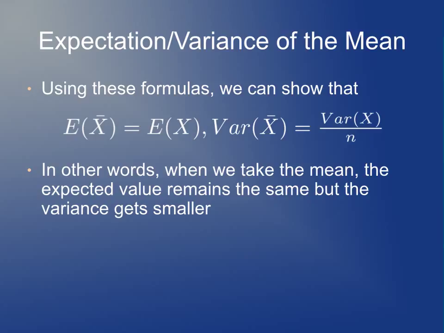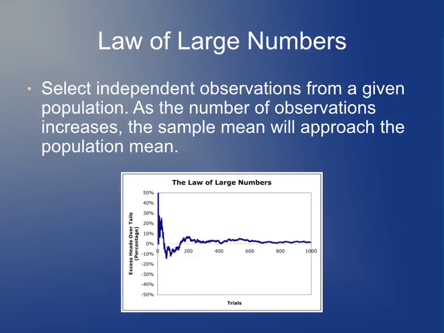I should get something that's closer to the true population mean. It turns out that's exactly what happens: the expected value of the mean is equal to the expected value of an individual observation, but the variance of the mean is equal to the variance of an individual observation divided by the number of things that we're taking the mean over. So when we take the mean, the expected value remains the same, but the variance gets smaller.